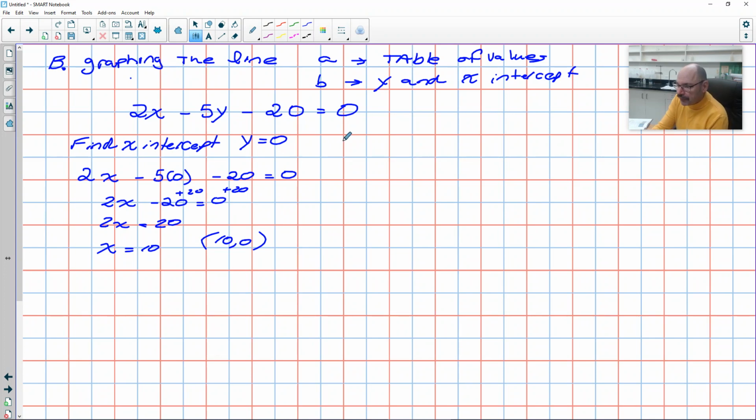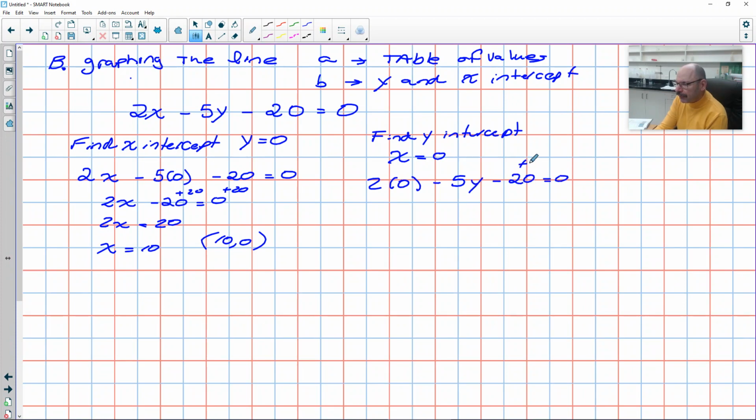Then if we do the y-intercept, that means x equals 0. Okay. 2 times 0 minus 5y minus 20 equals 0.